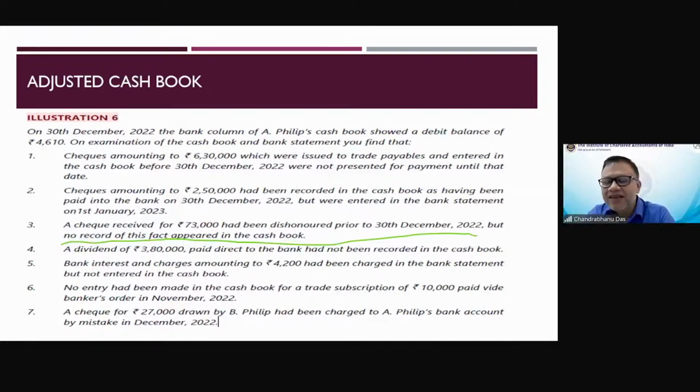The medium is the banker, and the banker will give it to your account. Now, instead of the banker giving it to B Philip's account, the banker has charged it to A Philip's bank account. So when there are checks, the medium is the bank. You, B Philip, give it to the bank to get it to his own account, but the bank, instead of B Philip, made it to A Philip's bank account. I think it is clear, all of you.